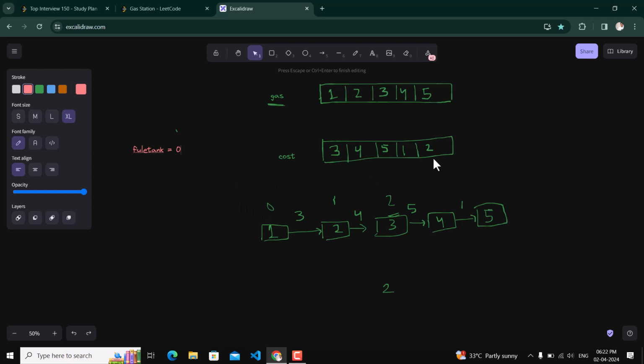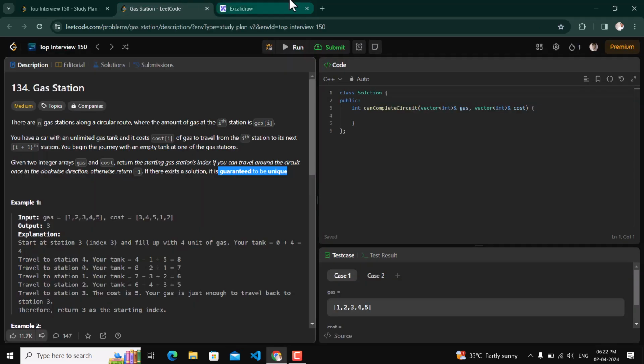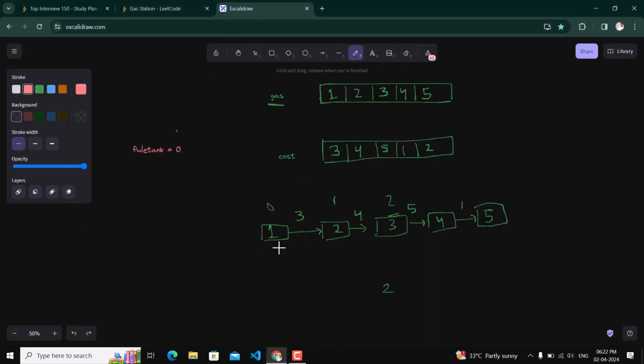Let's see, if we are starting from here with a car, the tank is currently 0, so we refill and it will be 1. But our current fuel tank capacity is 1, and we require 3 units of gas to travel from the 0 index to the 1 index.